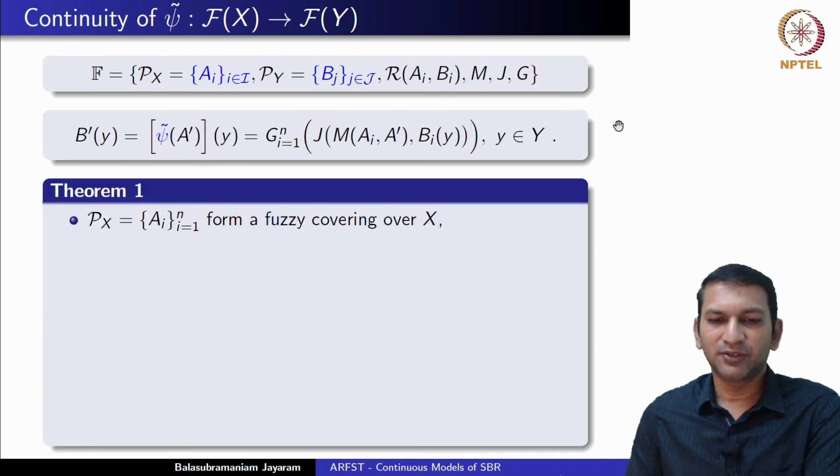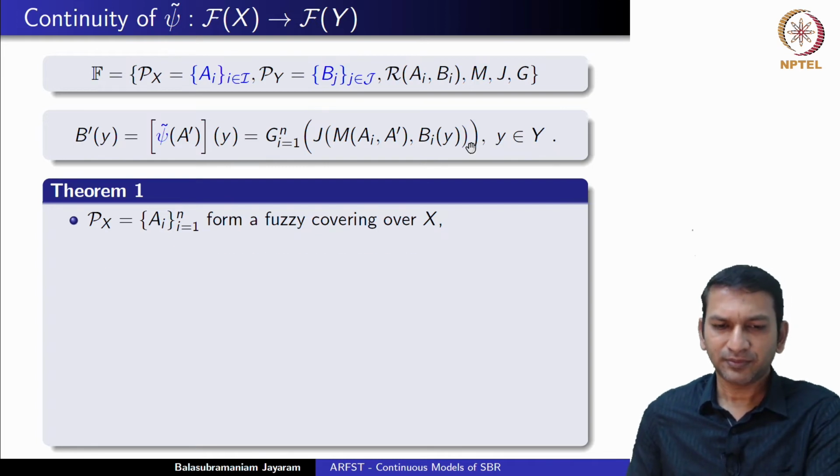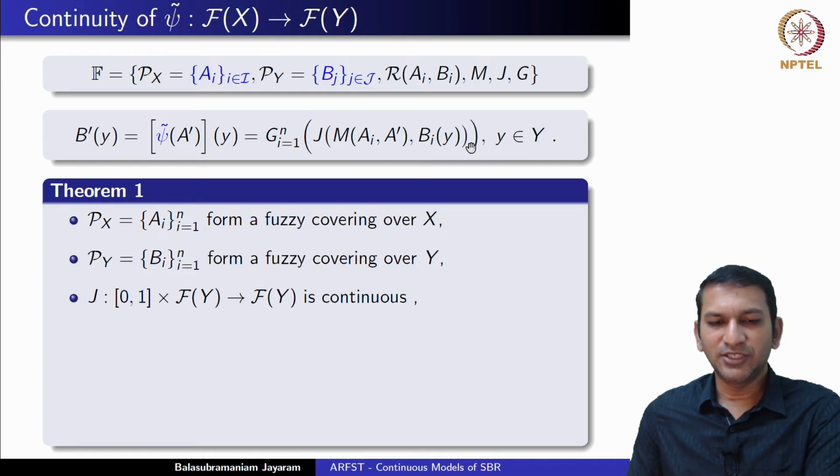The main result on this topic of this lecture is this. Let Px form a fuzzy covering over x, that is, these are the ones that we pick from the antecedents. Py forms a fuzzy covering over y. J as a function on 0, 1 cross f of y to f of y is continuous.